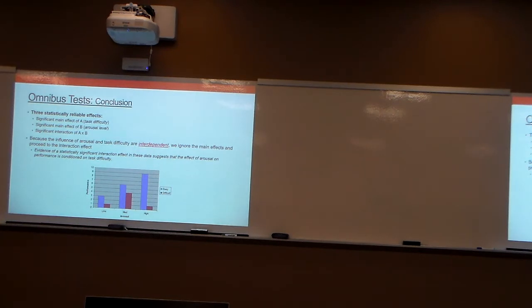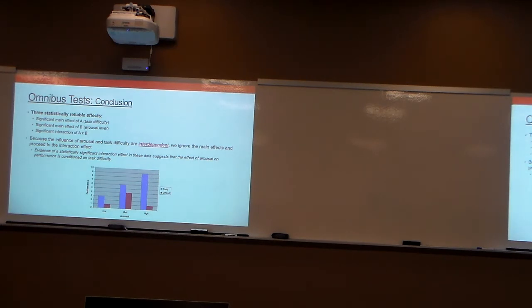We also have a main effect of arousal level here. What does this main effect of arousal indicate? That low or high arousal are resulting in similar performance compared to medium. Okay, close. How many levels of arousal do we have? 3, right?